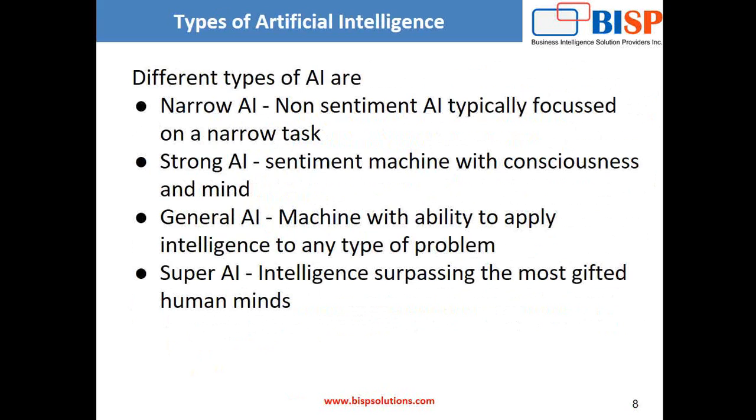Now, in this particular session, I mentioned the word AI. AI and artificial intelligence are synonymous. So wherever I refer to AI, it refers to artificial intelligence. The 4 types of AI are, first, non-sentient AI, typically focused on a narrow task.